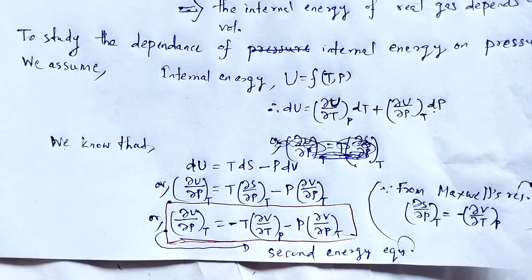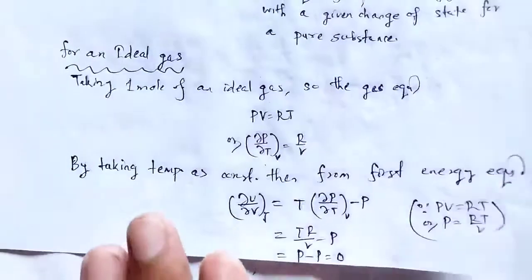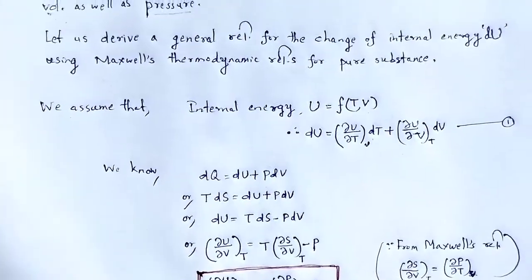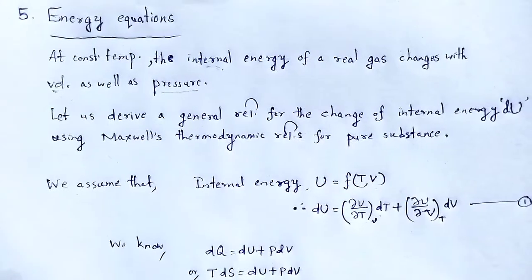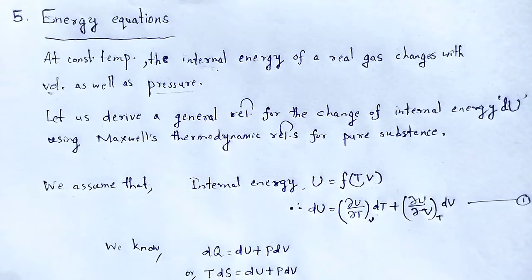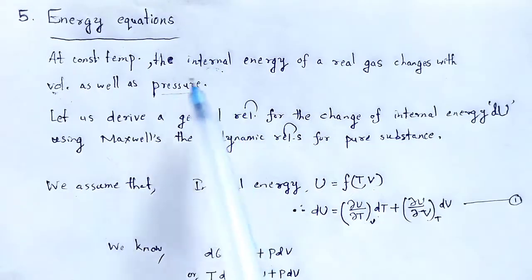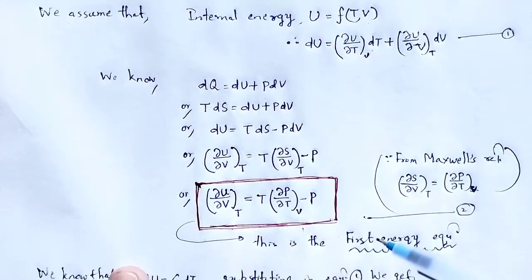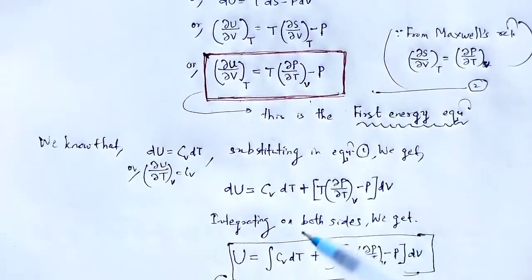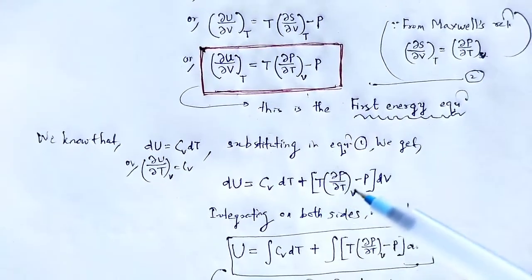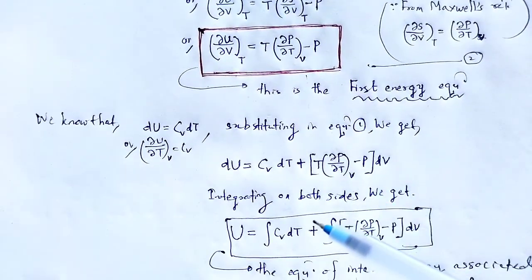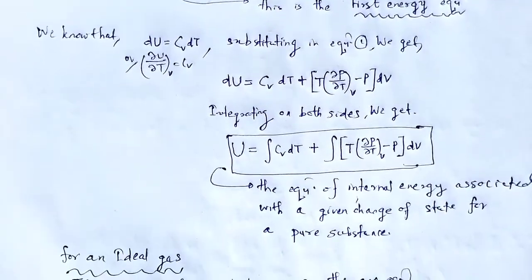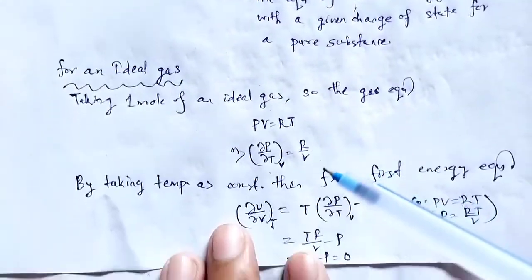With the help of this video lecture, we understand the derivation of energy equations from Maxwell's thermodynamic relations, one of the applications of Maxwell's relations. By using the first energy equation, we related how internal energy behaves for ideal gas and Van der Waals gas.